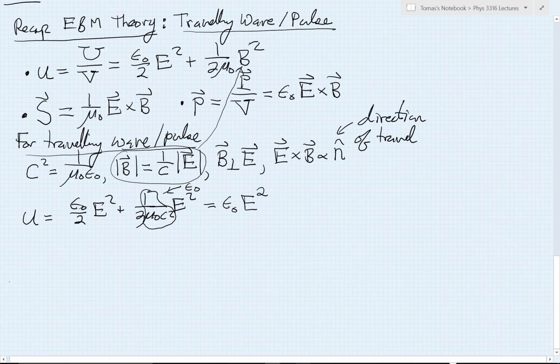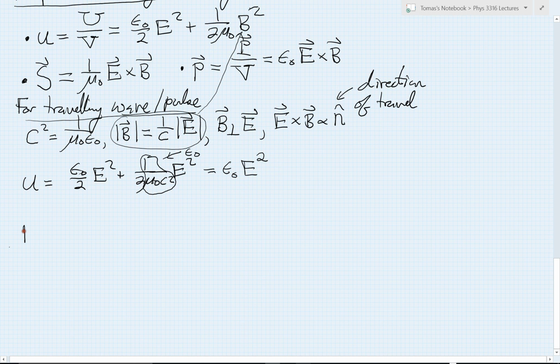Beautiful. Now, let's look at that momentum density. It's kind of a new quantity for us. Momentum density is epsilon naught, again my constant, times E cross B, which has a magnitude and direction. The magnitude of the cross product is the product of the two vectors, E times B, times the sine of the angle between them.